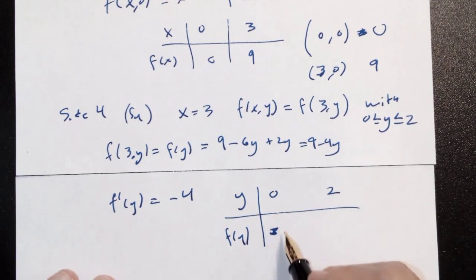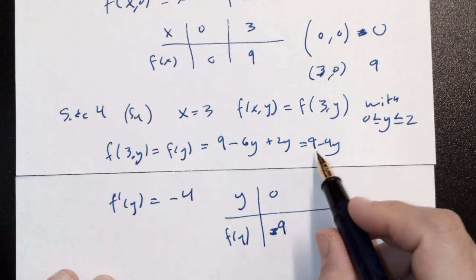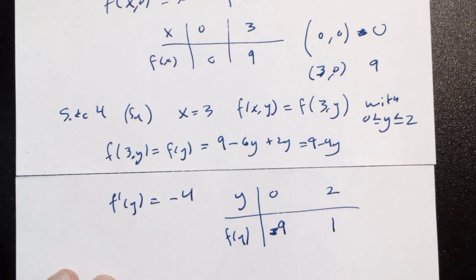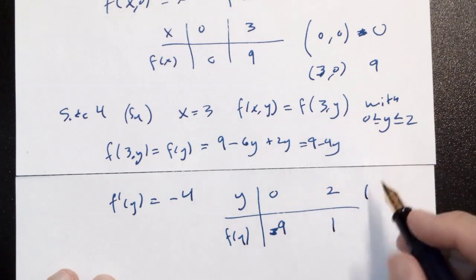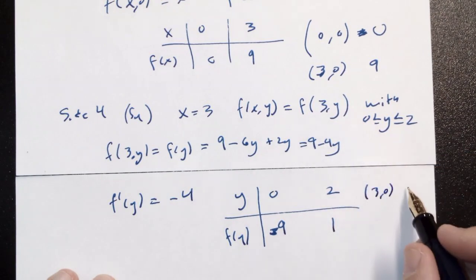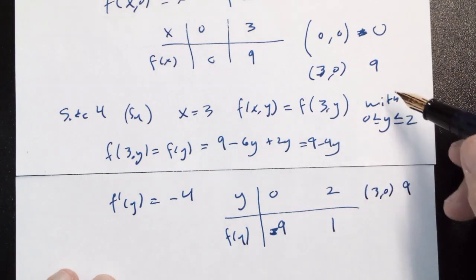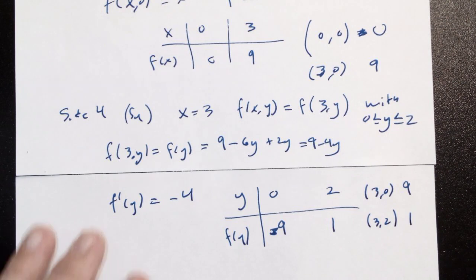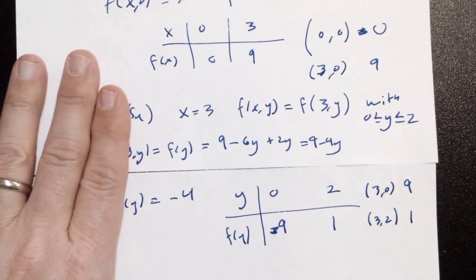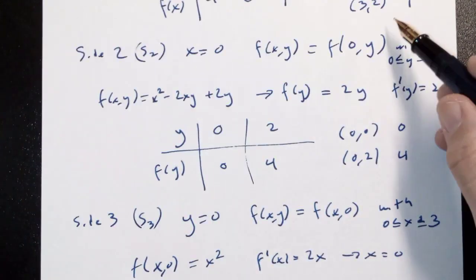Okay, wait a minute. Plug in 0, I get 9. 9 minus 8 is 1. So at the point (3, 0), I have a height of 9. That matches. And at the point (3, 2), I have a height of 1. Okay, wait a minute. We did (3, 2) during side 1.